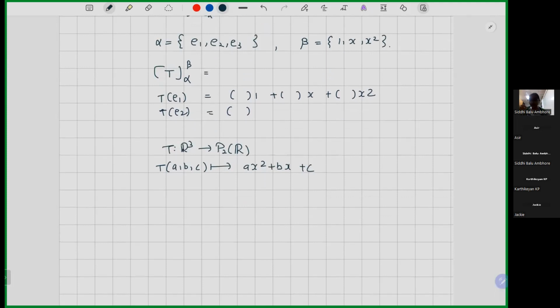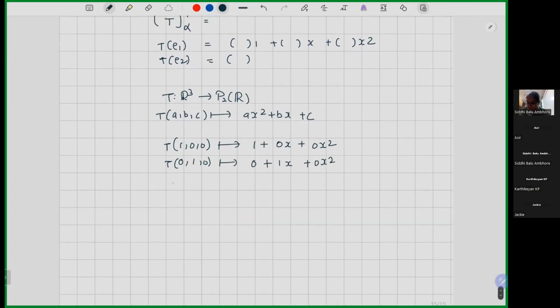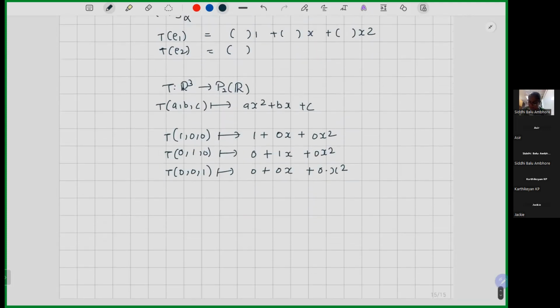Since I'm writing this as an ordered basis, as per the standard basis, T of (1, 0, 0) is going to 1 plus 0x plus 0x square. Sorry, T of (0, 1, 0) is going to 0 plus 1x plus 0x square, and T of (0, 0, 1) is going to 0 plus 0x plus 1x square.